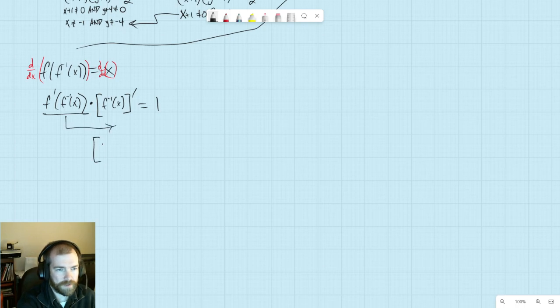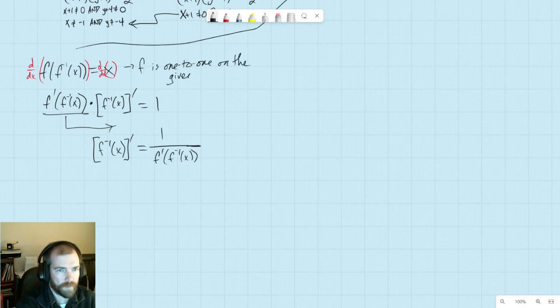So the inverse function derivative is equal to 1 over f prime of f inverse of x. Right, and it does have to be 1-to-1 over some given interval. Otherwise, it doesn't work. But this is the idea.